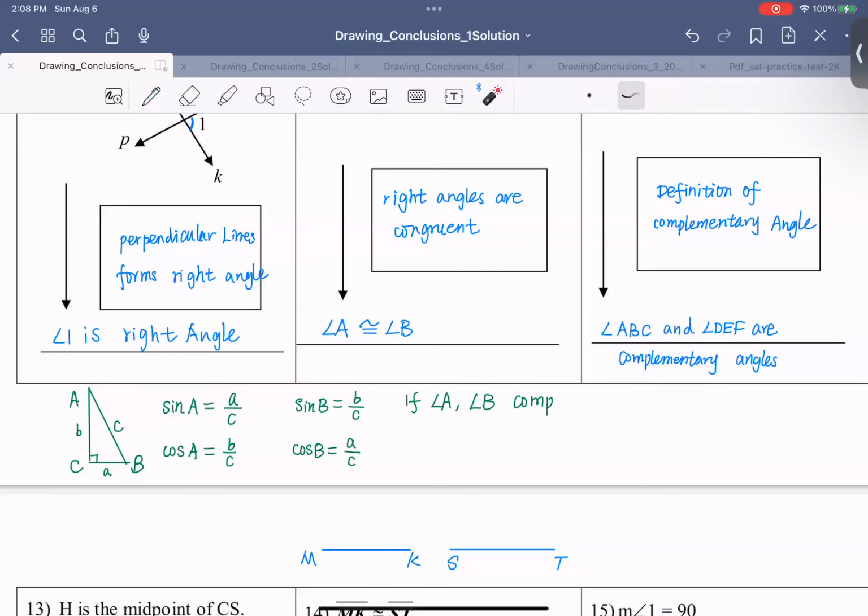Write all this down. I don't see some students writing down notes. This is really important. If angle A and angle B are complementary, then sine A equals cosine B, and cosine A equals sine B. Okay?